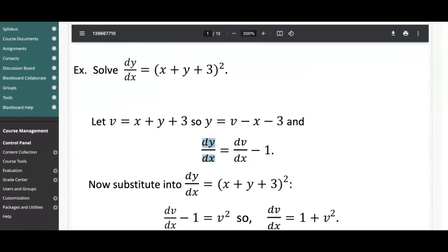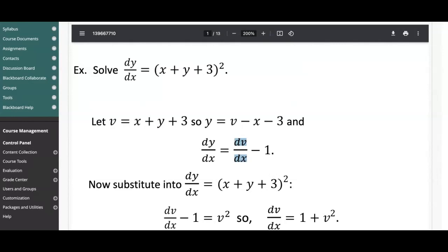Then we take the derivative of this, dy in terms of x. This is dv/dx, right? Taking the derivative of v in terms of x, that's dv/dx.